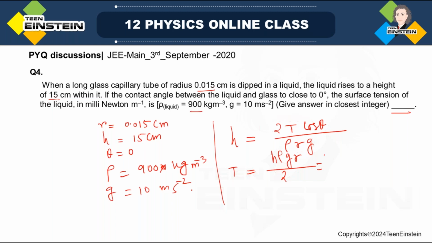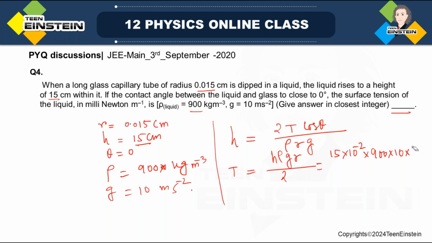So this is 15 centimeter, 10 to the power minus 2, I'm writing in SI unit. This is 900 kg per meter cube. g is 10 and r is given as 0.015 centimeter. I'll write it in meter.